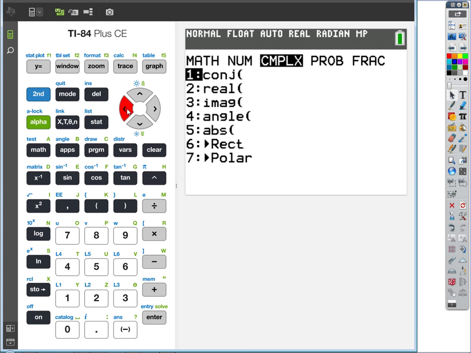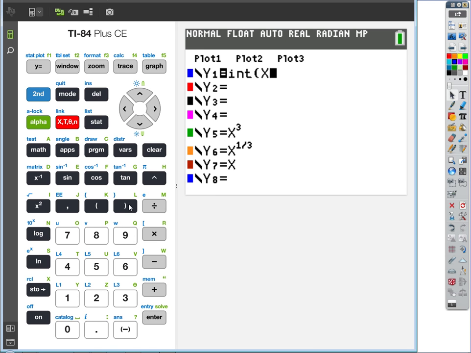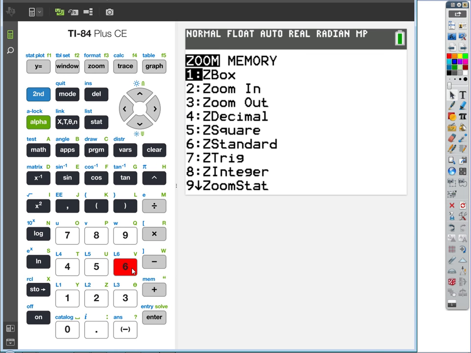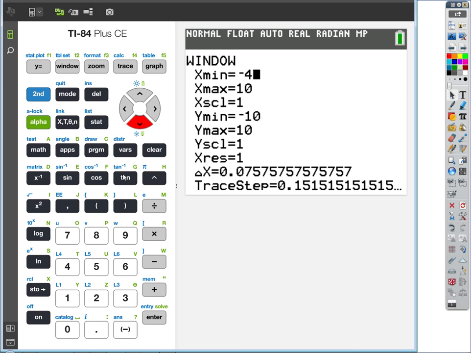So if we go number, and we go 5, and we put in greatest integer function of x, and I hit zoom 6, look what it does. It looks familiar, right? Let's pare down this window just a little bit. Let's have the window go from -4 to +4, and then if I want to make the window auto size the y's based on my choice of x restrictions, my choice of domain, what do I do?